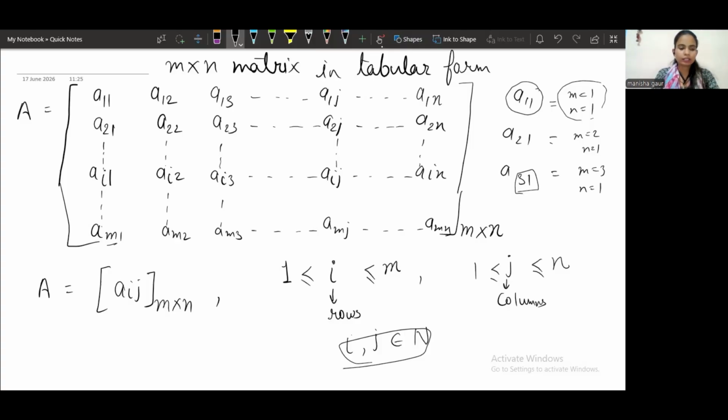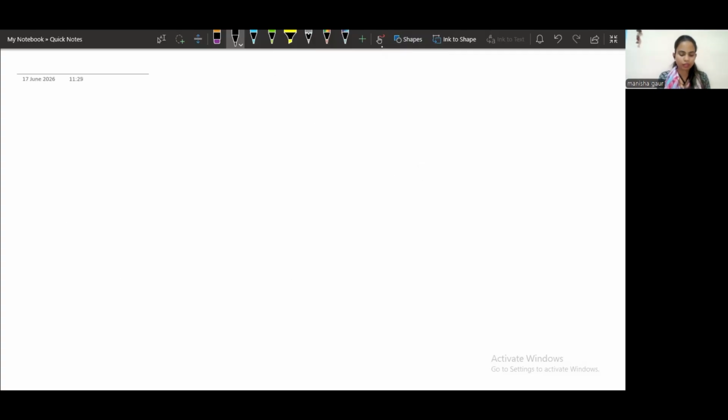Let's take an example of it. Suppose we have a matrix A where our elements are 2, 3, 5, 7, 2, 1, minus 2, 1. What is the order of it? Its order is 2 cross 3.